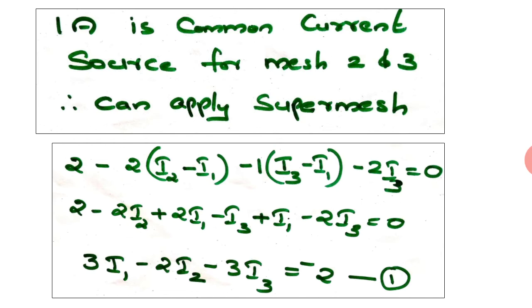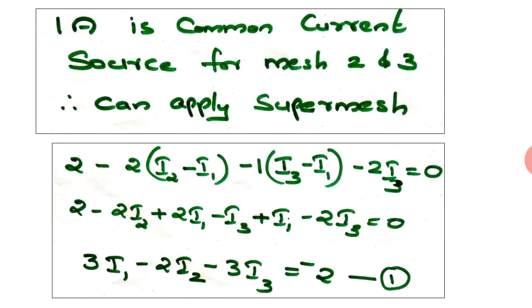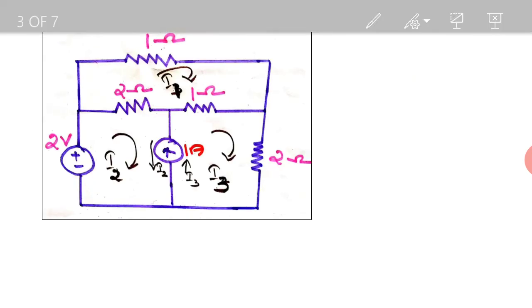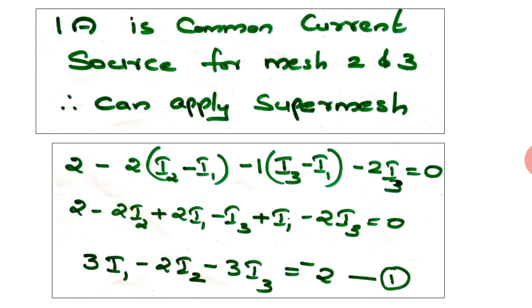So for our super mesh, the equation is 2 volt minus 2 into (I2 minus I1) minus 1 into (I3 minus I1) minus 2 into I3. Our I2 and I3 remain the same in the super mesh concept. So this will be our equation.